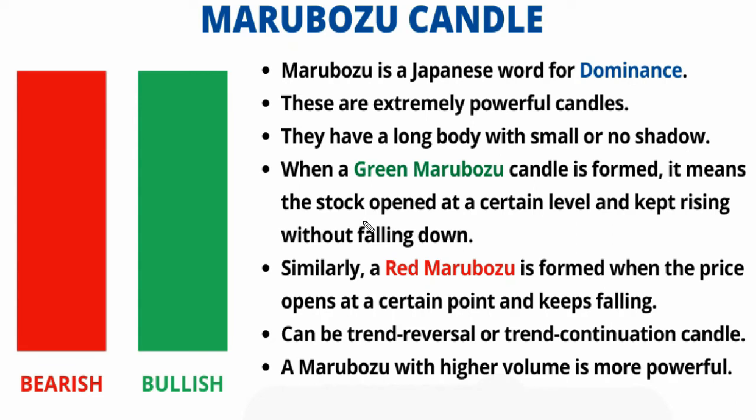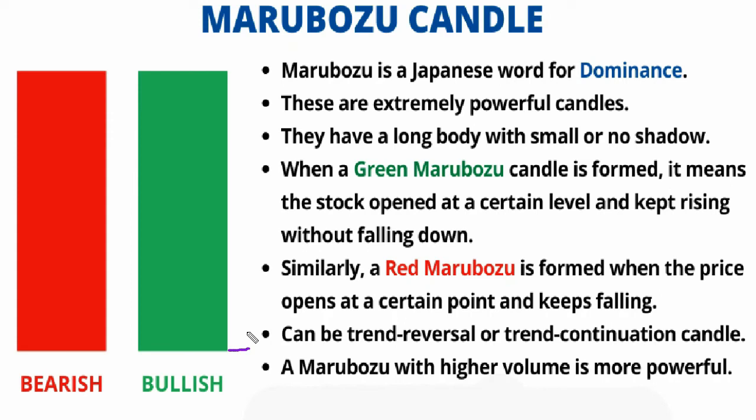Now we will talk about the psychology of the Marubozu candle. In the bullish Marubozu, the open price is also the low price. Open is equal to low, and the buyers have taken entry and are pushing the market up, and sellers haven't got any chance.